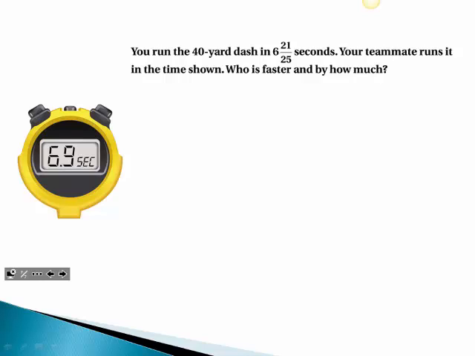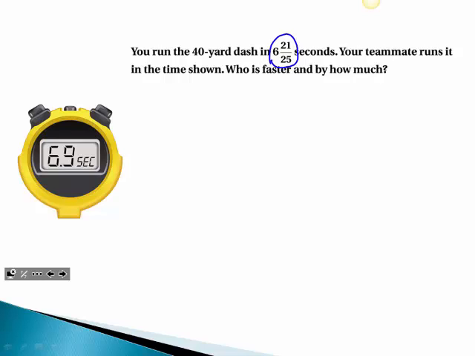You run the 40-yard dash in 6 and 21/25 seconds. Your teammate runs it in the time shown. Who is faster and by how much? Notice your friend is 6.9 seconds. We need to turn this fraction into a decimal in order to compare them. You can only compare two numbers if they're in the same form, either a fraction with a common denominator or both decimals.